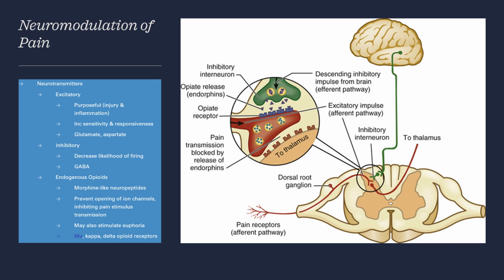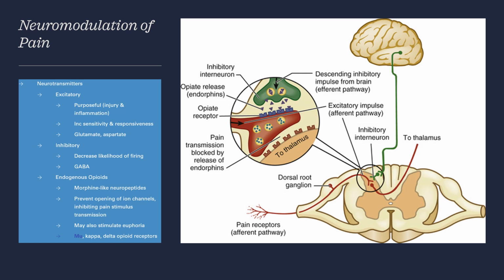So neuromodulation of pain involves the excitatory and inhibitory chemicals that I mentioned on the previous slide. Excitatory neurotransmitters are purposeful and involved in injury and inflammation. They increase sensitivity and responsiveness to pain. For example, a person can sprain their ankle and it hurts.